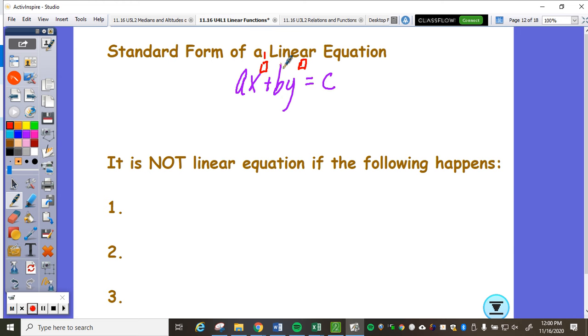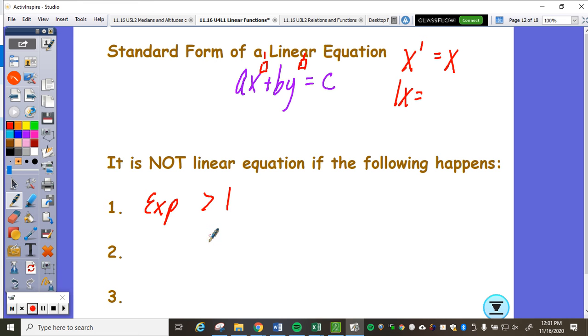The value of this exponent is 1. Remember that x to the 1 power is just x. Okay? When we have a variable by itself, we assume two things. One, that the exponent is 1, and one, that the coefficient is 1. Okay?